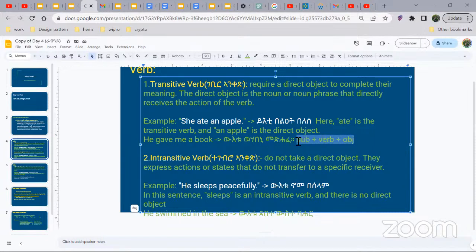That's why they came up with this rule: subject, verb, object. Because if you put the object over here, it will mess up the sentence: "A book gave me he." That's why they follow this kind of structure, but in Ge'ez we do have a way to differentiate an object, so you can mix it up.